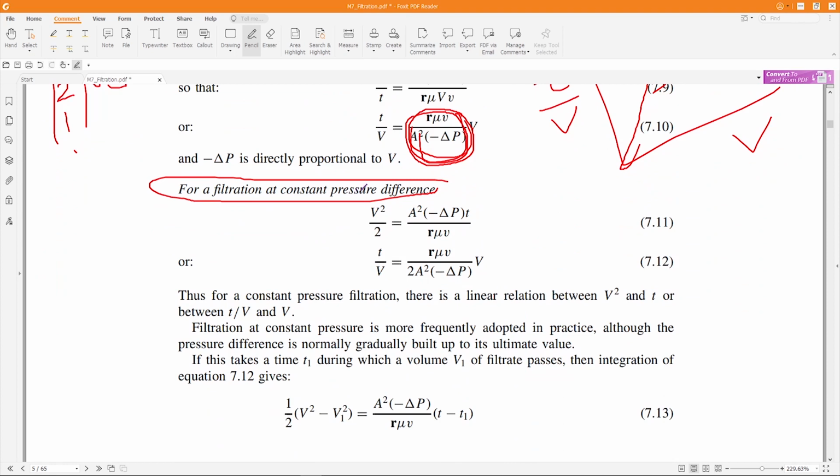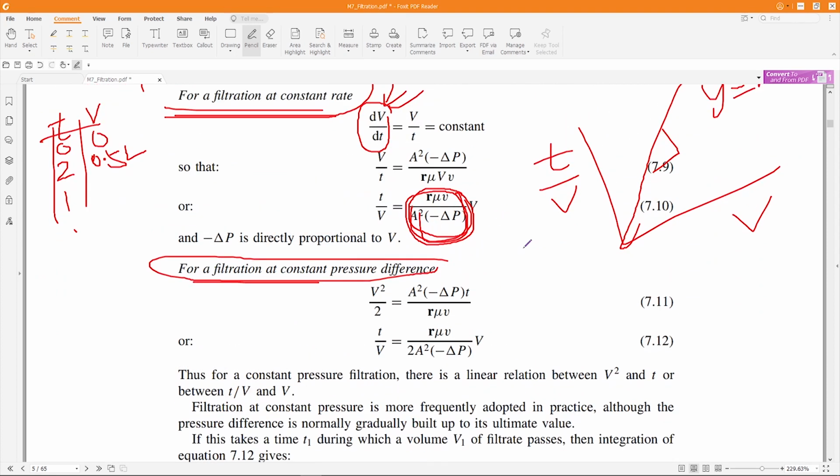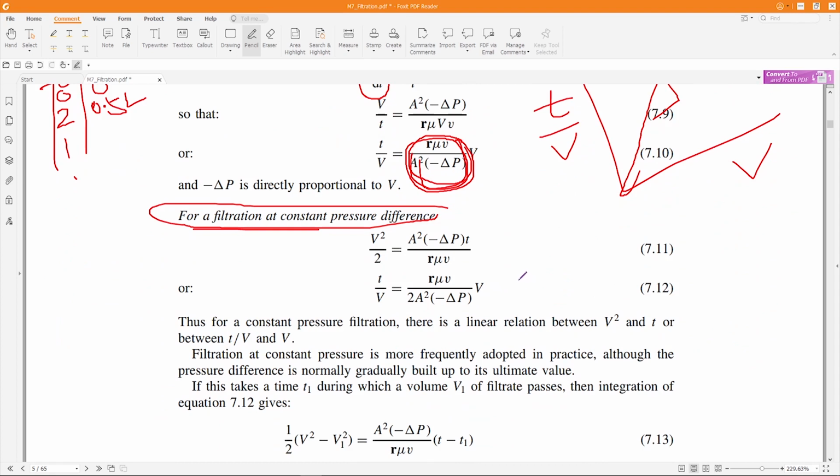And for a constant pressure difference, this is called constant pressure filtration. So delta P is constant. You can take this equation. Delta P is constant, and the changing things are T by V and V. So you can rearrange this, and you'll get this.